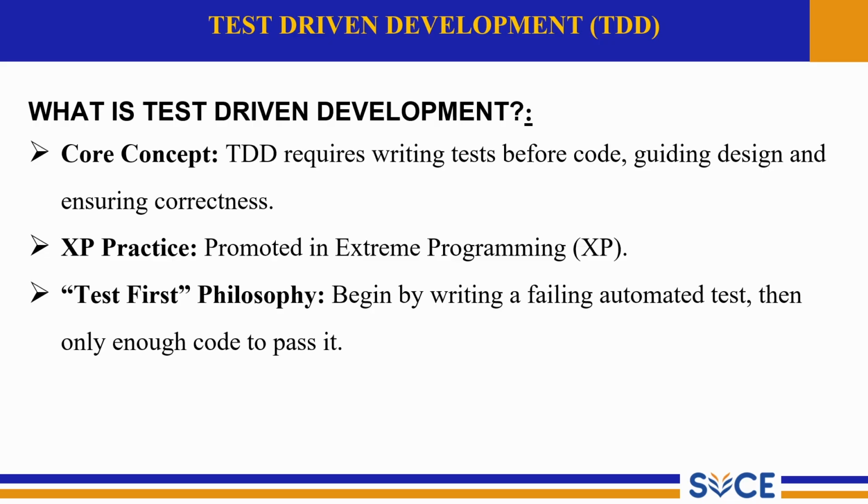Here, the core concept is that test driven development requires writing tests before code, guiding the design and ensuring correctness. It is a software development approach where we write the test cases before writing the actual code. This helps developers think clearly about what the code is supposed to do. By writing tests first, we ensure that every piece of code has a clear purpose and behaves correctly.